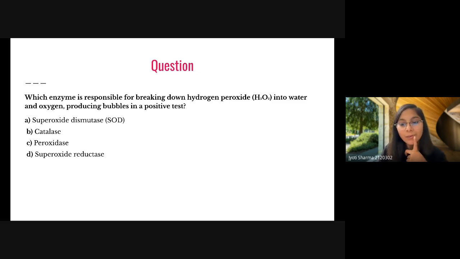Janendra gave me the D answer, but catalase is the right answer, because superoxide dismutase is another class of enzyme that reacts with the oxygen species. But it is catalase that can break down hydrogen peroxide into water and oxygen.